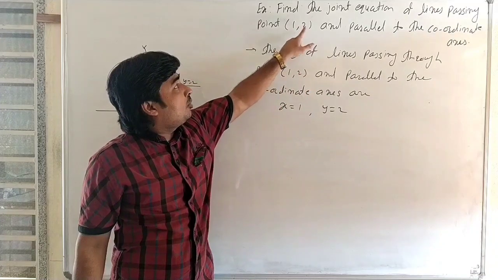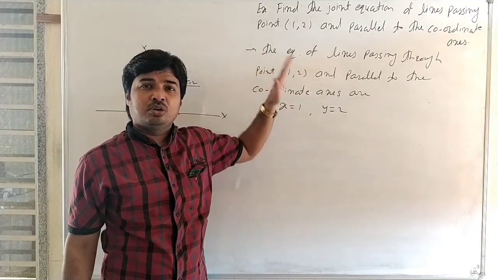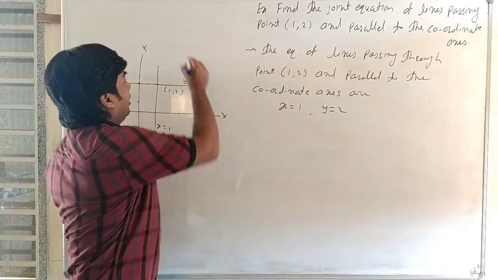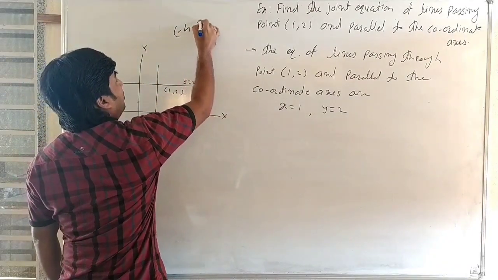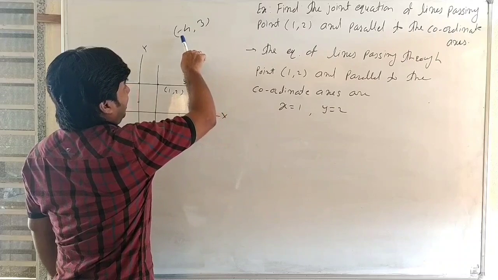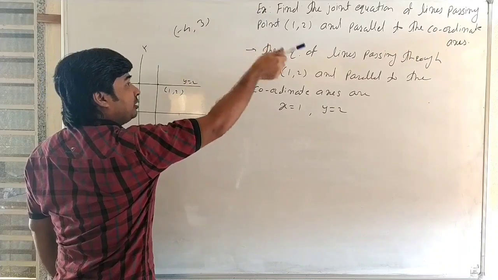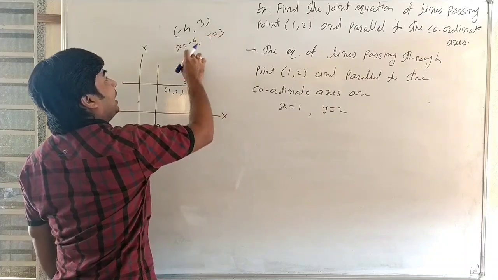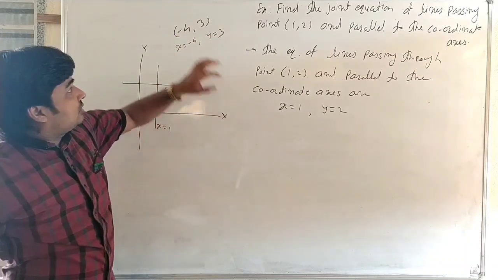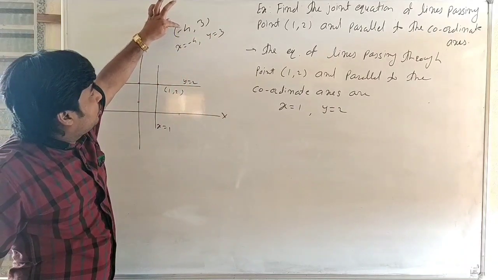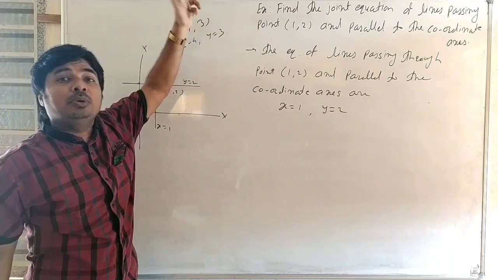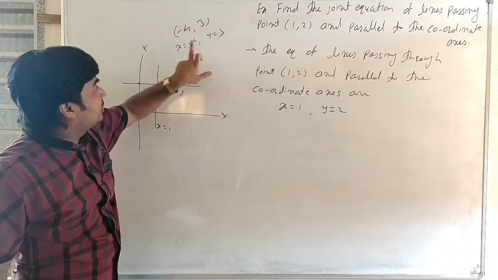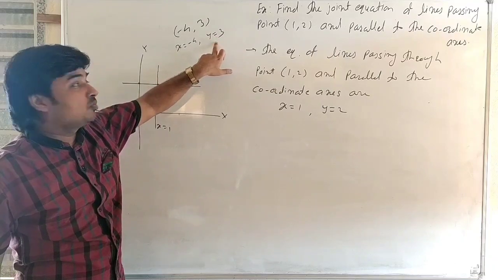When the point is (4, 3), then x = 4 and y = 3. For the point (-4, 3), lines passing through (-4, 3) and parallel to the coordinate axis have equations x = -4 and y = 3, and for perpendicular to the coordinate axis, also x = -4 and y = 3.